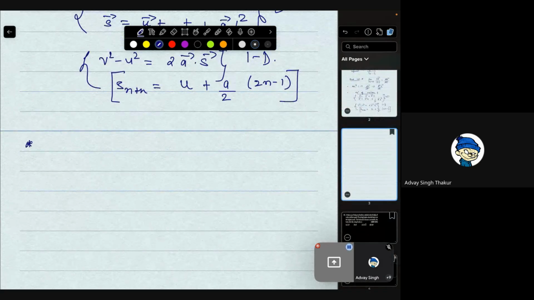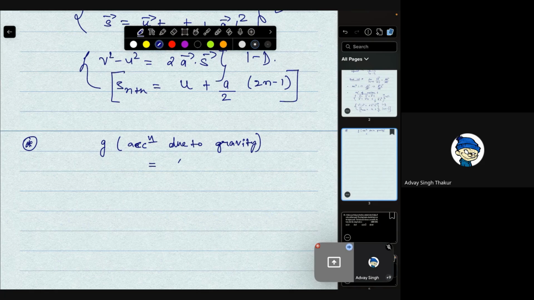And then we have seen about g, that is acceleration due to gravity, which you have already read in gravitation, which is 9.8 meter per second square. Sometimes we use it as 10 meter per second square.